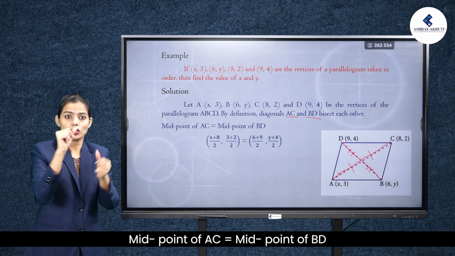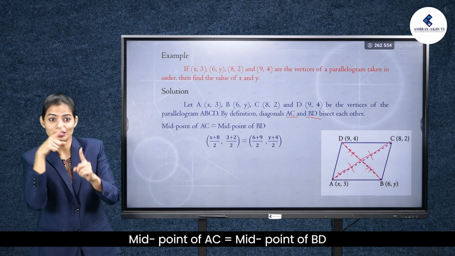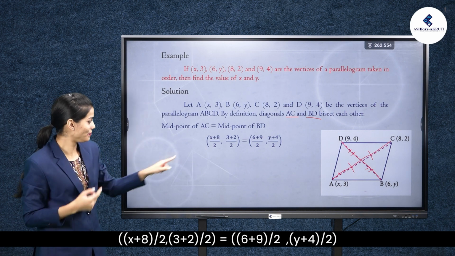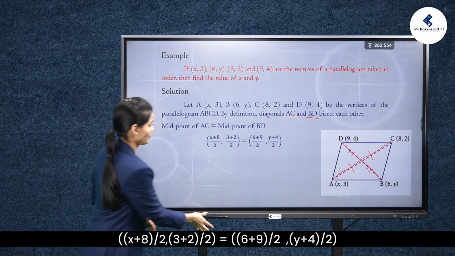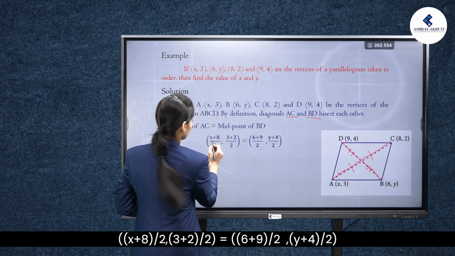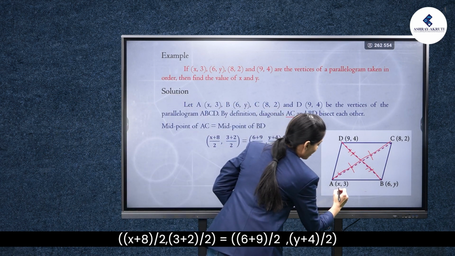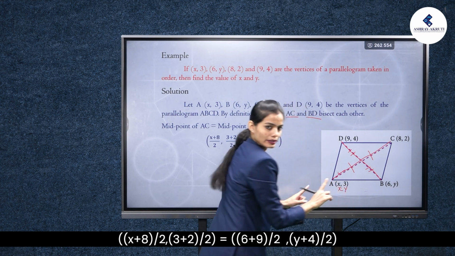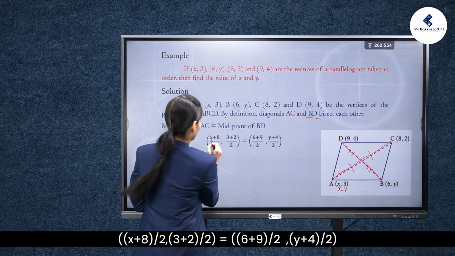Midpoint of AC is equal to midpoint of BD. ((x plus 8) by 2, (3 plus 2) by 2) is equal to ((6 plus 9) by 2, (y plus 4) by 2).